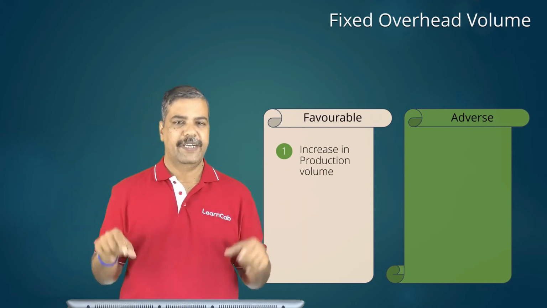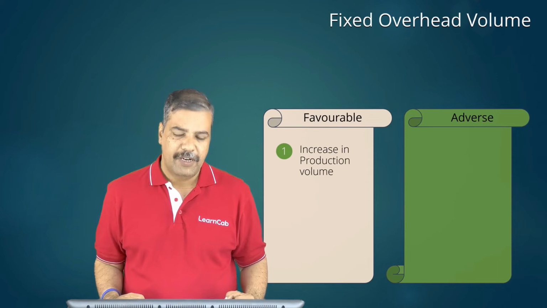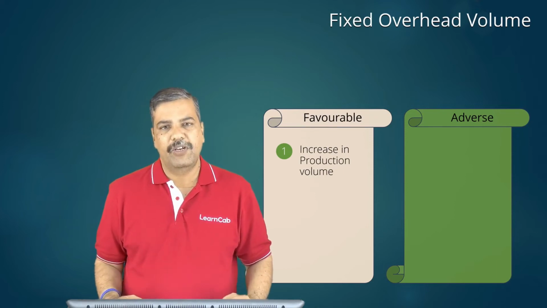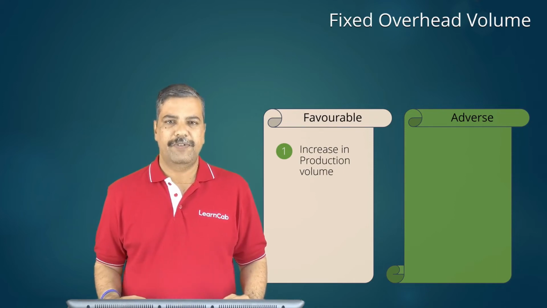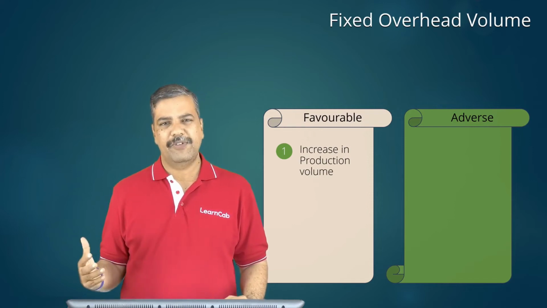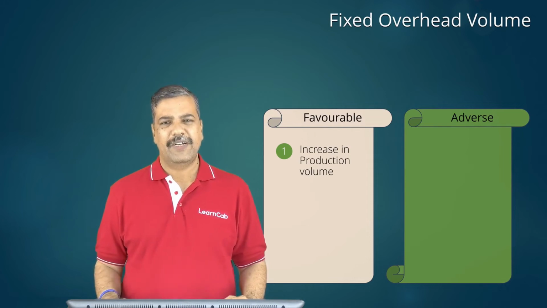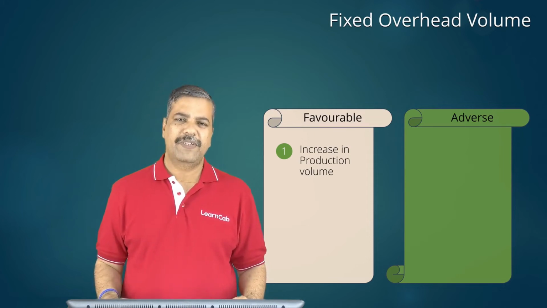Overall it remains fixed. So what is this favorable I am talking about? How does this increase in production volume lead to favorable? Irrespective of the number of units increase, fixed cost doesn't have any implications, so nothing to worry about fixed cost.